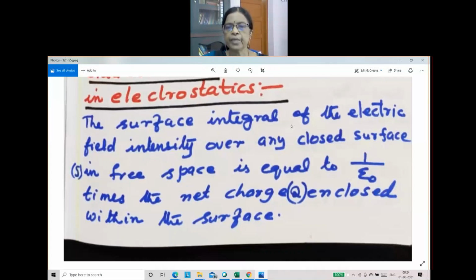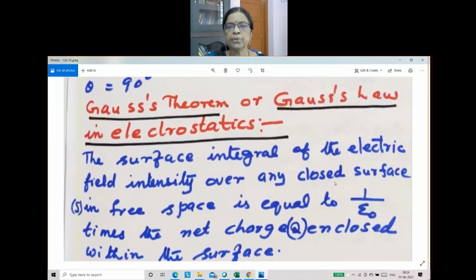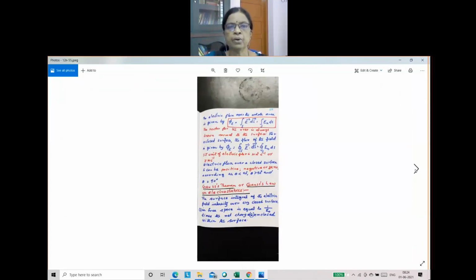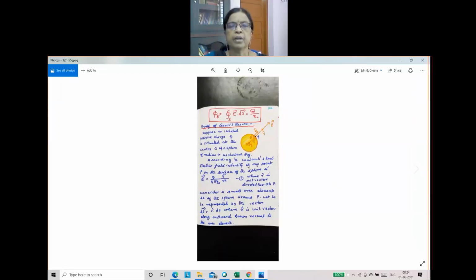How much charge is enclosed within the surface? That is Q here, Q by epsilon naught. What is Q? The net charge enclosed within the surface. So, what is the formula we got, children? Surface integral over the closed surface, E dot ds equal to Q by epsilon 0.